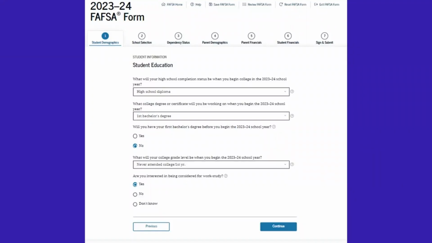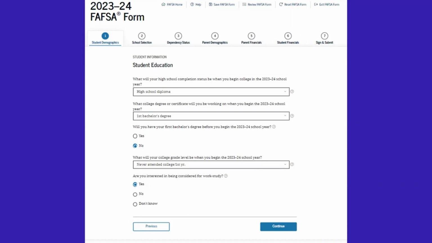Now, I understand that many students have dual enrollment credits, AP credits, or IB credits, which may technically classify them as a sophomore or even sometimes a junior when they begin college. For purposes of financial aid, you want to be a freshman. You want to make sure that your student has as much financial aid eligibility as possible.